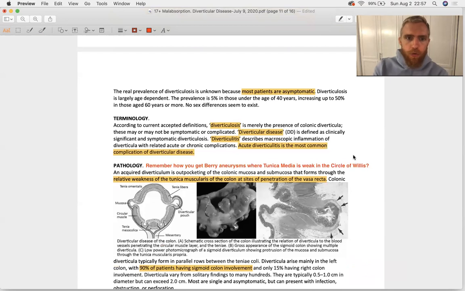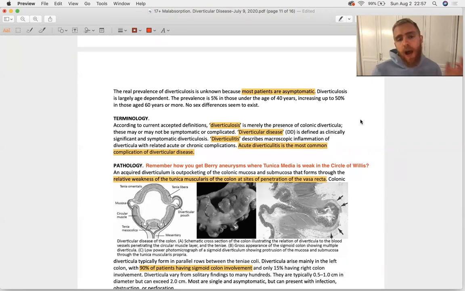Most patients with diverticulosis, which is a bunch of diverticula, one diverticulum, you have a lot, that's diverticulosis, are asymptomatic. Now, if you get symptomatic, you call it diverticular disease. That just means you have a symptomatic collection of diverticula.